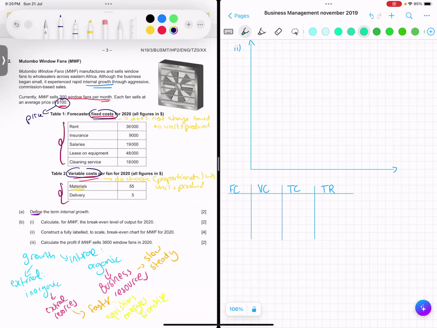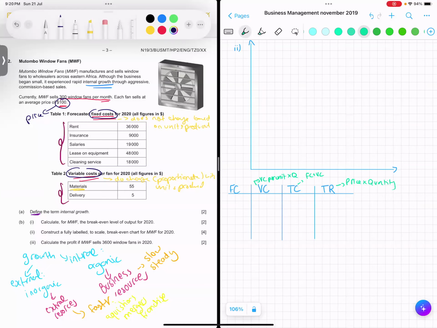We calculate our total fixed cost, which in this case is just 130,000. Variable costs are variable cost per unit times quantity. Total cost is fixed cost plus variable cost. And total revenue is price times quantity. Okay, so this is it.